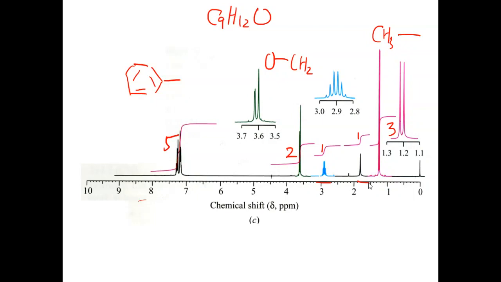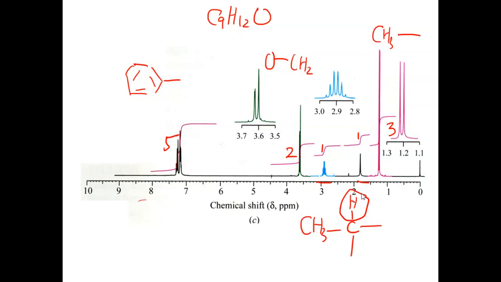So under that proton, okay? If you look at this proton, it must at least split into 4 lines, because this proton has the 3 methyl protons as vicinal protons, right? Must be at least 4 lines, okay?